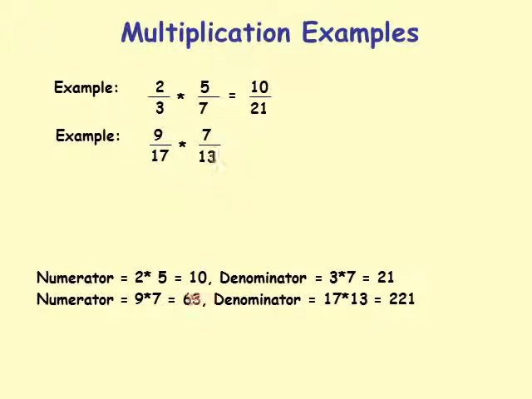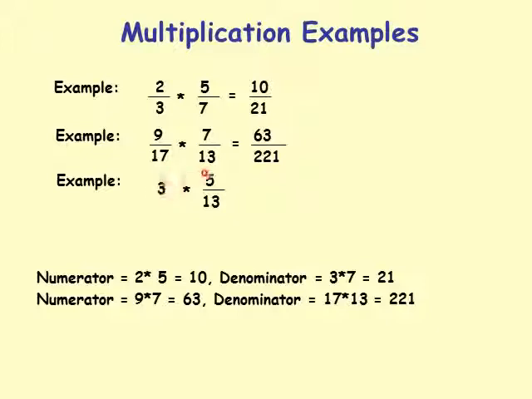Numerator 9 times 7 is 63. Denominator 17 times 13 is 221. So it's 63 over 221. That's a proper fraction, and there are no common factors to divide out. 3 is not a factor of 221, and neither is 7.